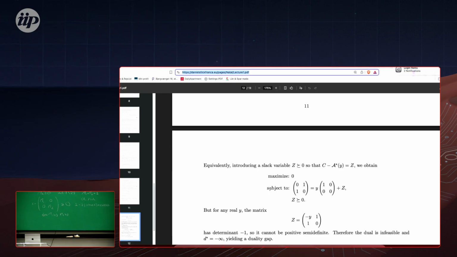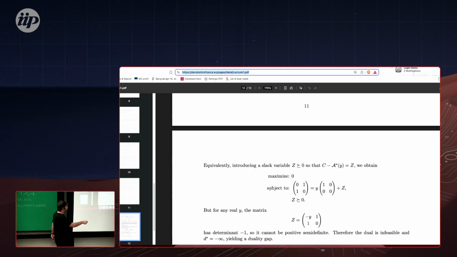But you cannot make this happen, because if you combine Z with this matrix Y, you need to make the lower right corner 0. So Z has to have a lower right corner 0 as well, and then you cannot also have a 1 here. So this is infeasible. This guy explodes, while the primal doesn't explode; it's feasible.